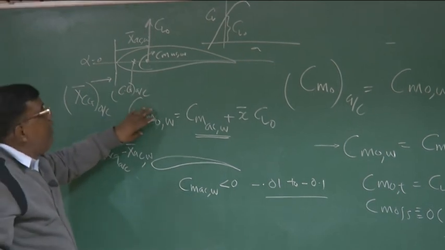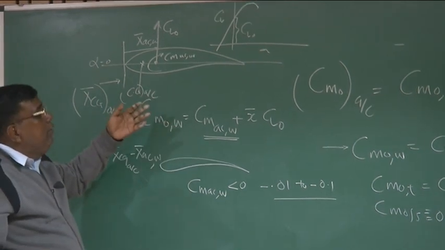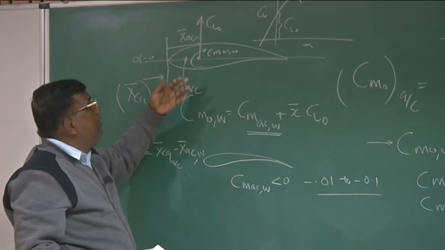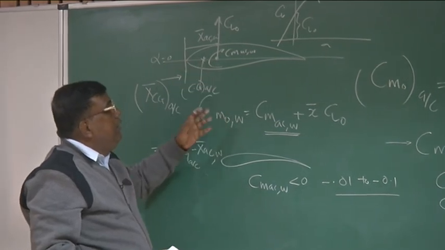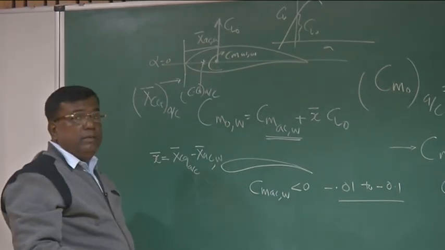So total Cm naught wing, because of cambered aerofoil, because of AC of the wing being behind CG of the airplane, will contribute a negative value. Thank you very much.